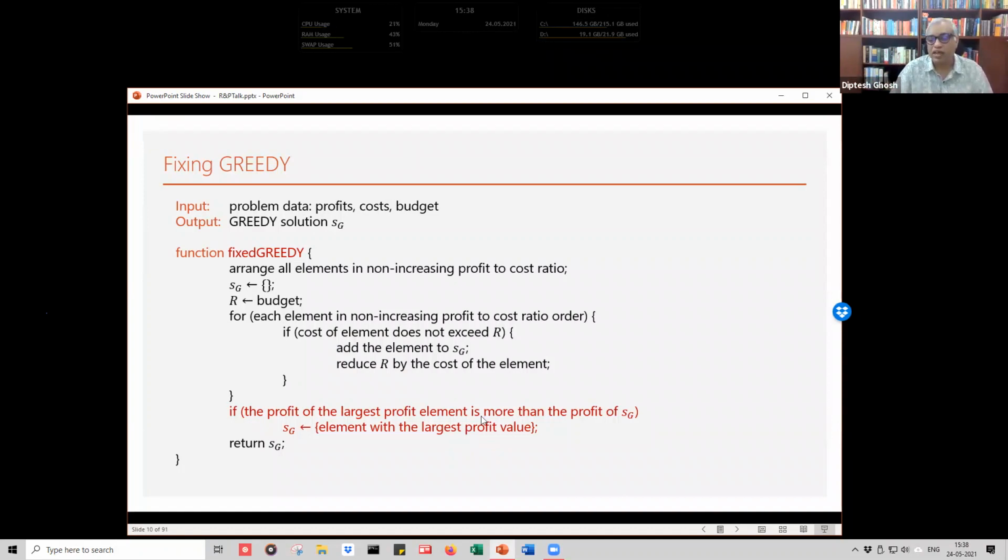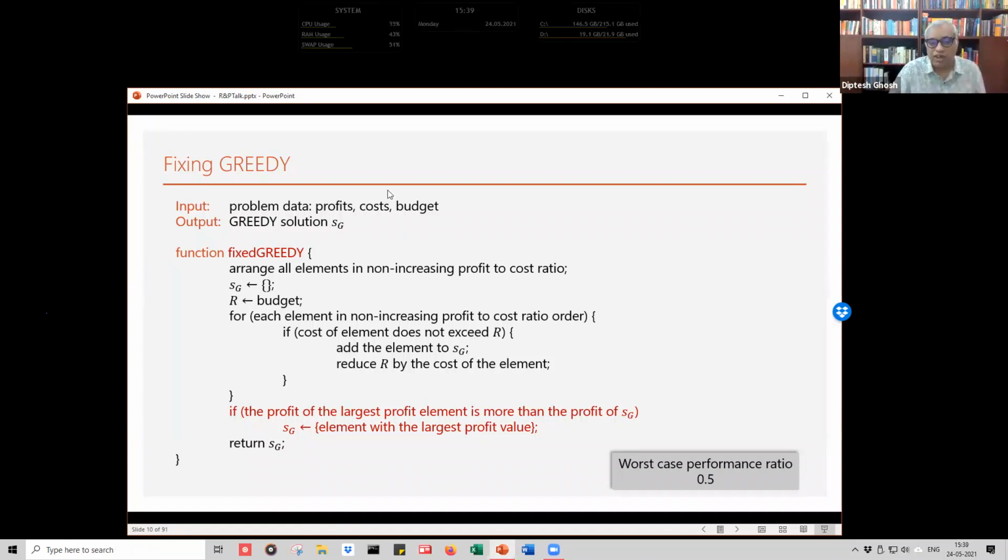If you do that, you'll find that the worst case performance ratio increases to 0.5. Okay, now look at this kind of heuristic. The knapsack problem is a hard problem, so the time required for solving the knapsack problem was exponential in the size of the knapsack problem.